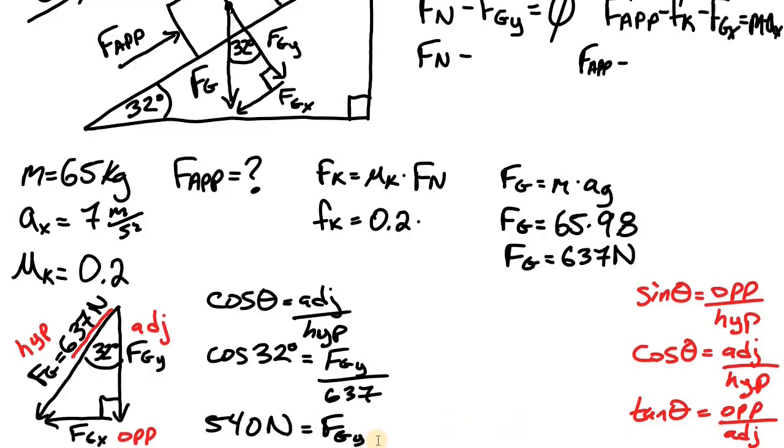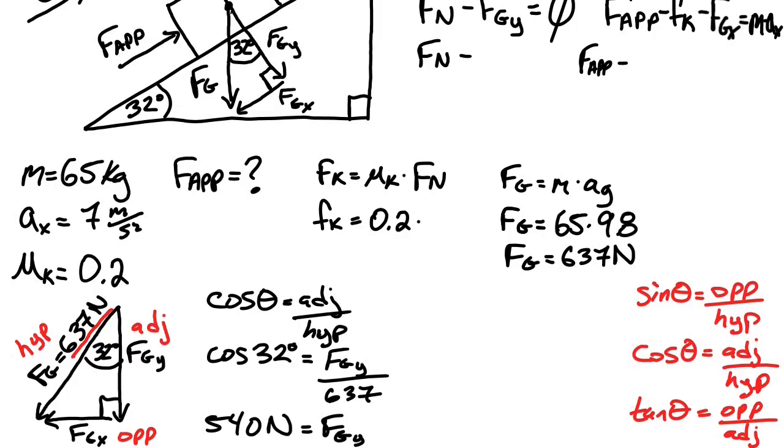Now, once again, why did we get our Fgy? Well, so we could plug it into here and find out what our Fn is equal to. And get that in here, and that's what our Fk is equal to. So we could plug that into here and find out what our applied force is equal to. Okay.